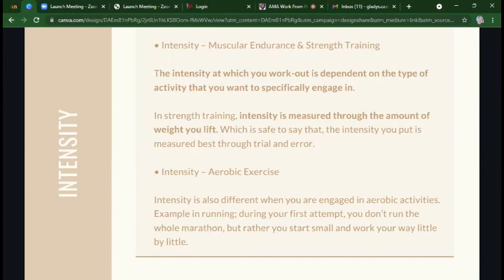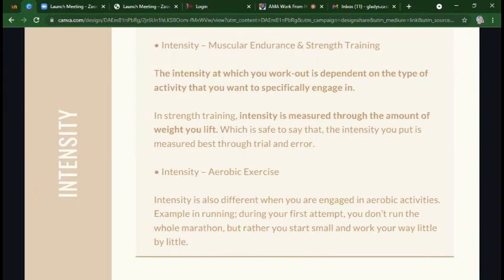In this way, if you're a beginner, we always start with lighter weights, and as days go by, we increase the intensity according to our muscle strength.